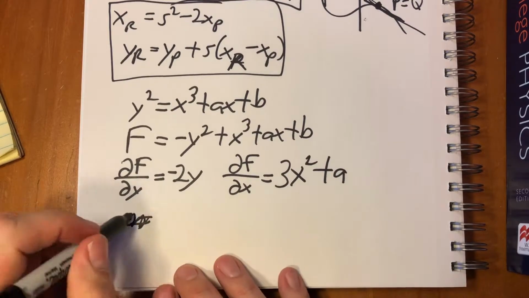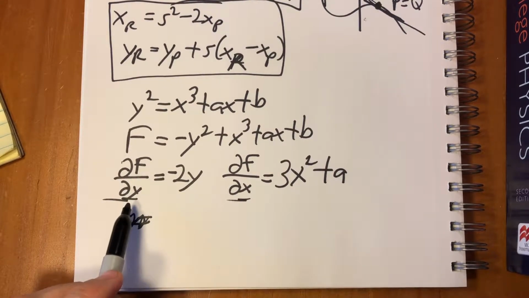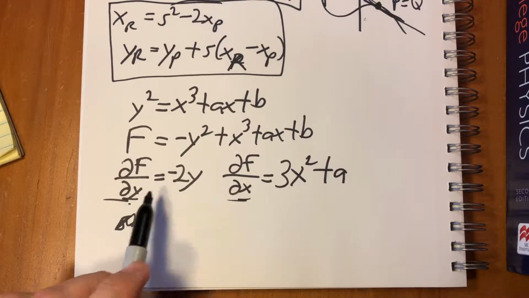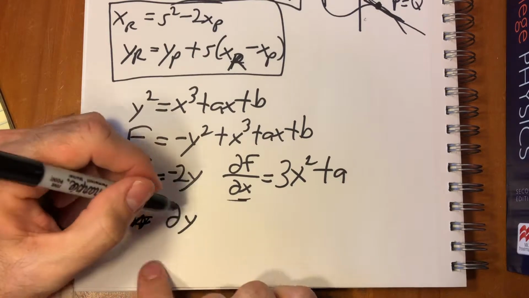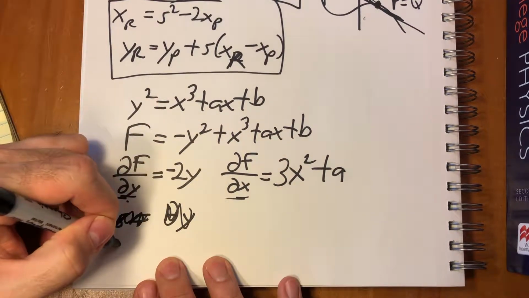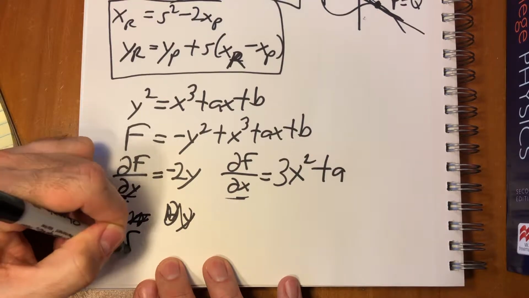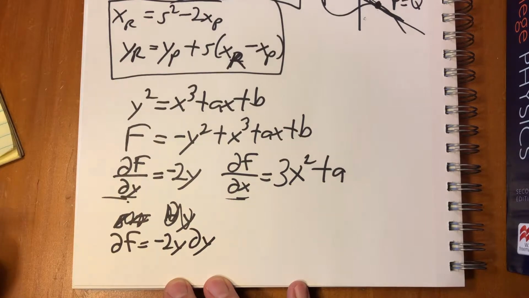So what we need is, this is the change in y, this is the change in x. So we need to find the change in y in terms of the other things. So we have that df equals minus 2y dy, okay?